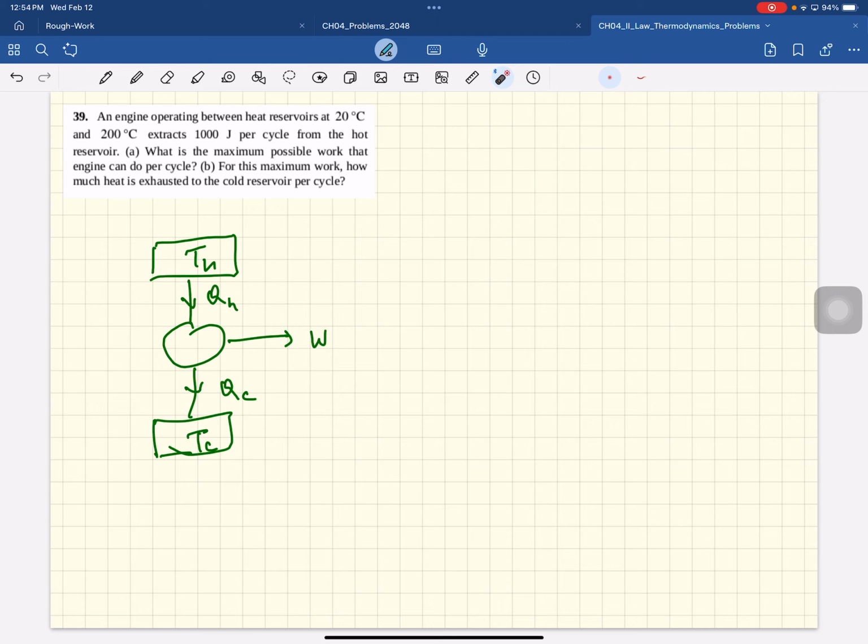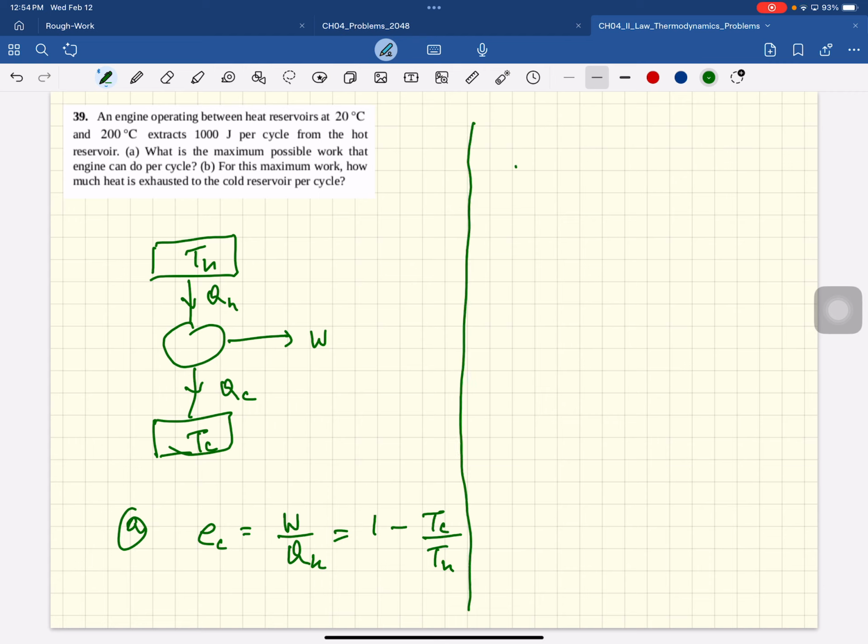Very good. So the Carnot efficiency is the maximum possible efficiency, and it just depends on the temperatures, which are in the Kelvin scale.